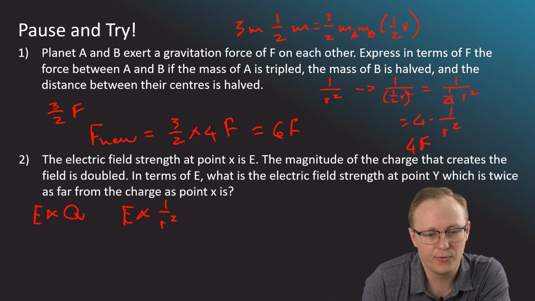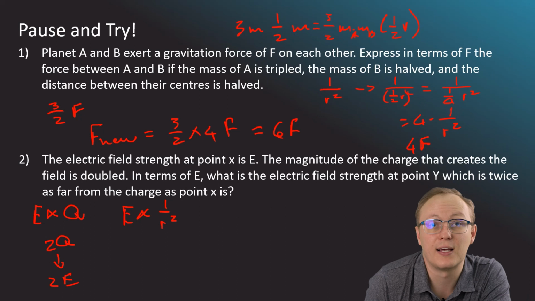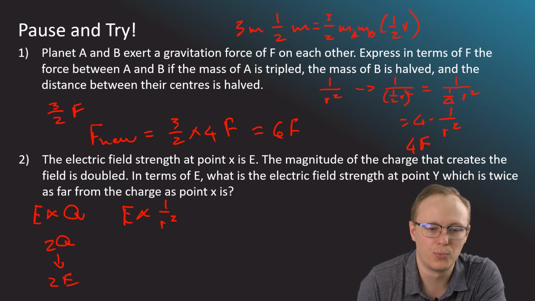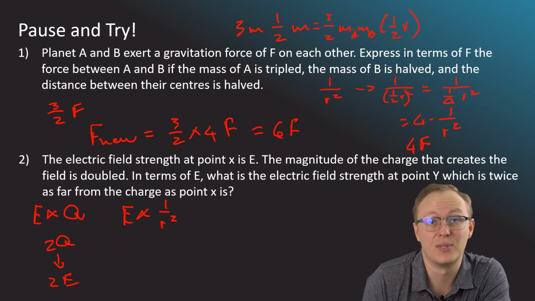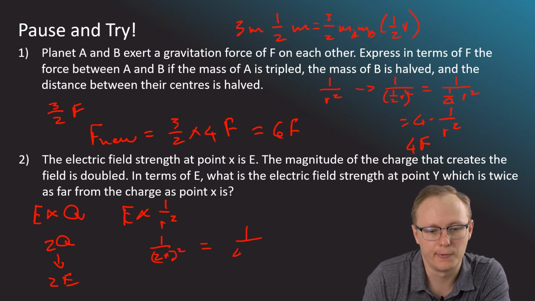So if we double the charge, that's going to be 2Q, and that's going to give us 2E as a result. And if Y is twice as far from the charge as X is, that means we've doubled r as well. So this is going to be 1 over 2r, which we're going to have to square, which is going to give us 1 over 4r squared, which is the same as a quarter times 1 over r squared.